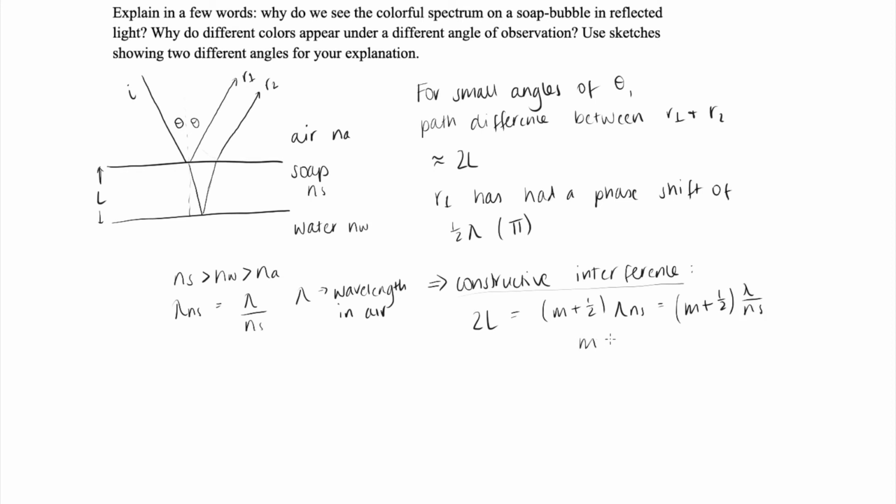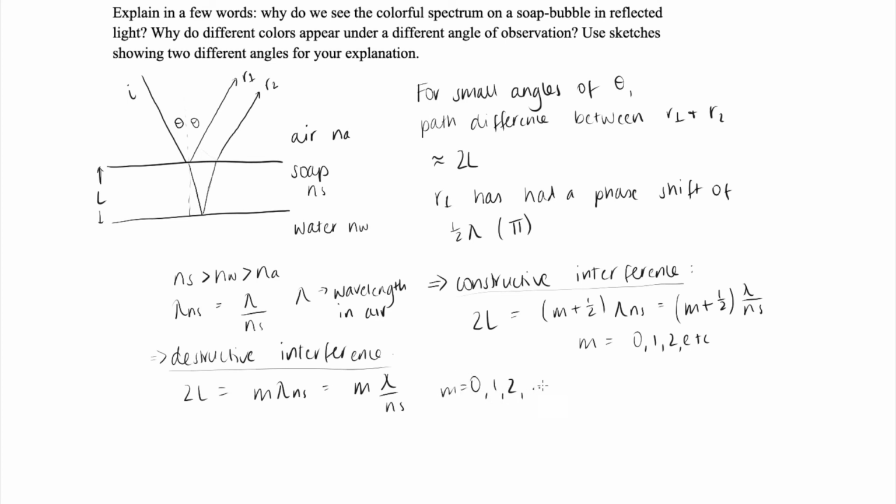And m in this case is 0, 1, 2, etc. So that's for constructive interference. And therefore for destructive, our path length difference is going to be equal to m lambda divided by NS. And m in this case is 0, 1, 2, etc.